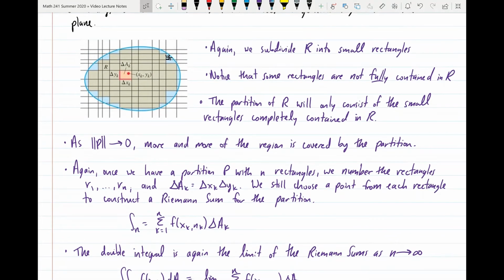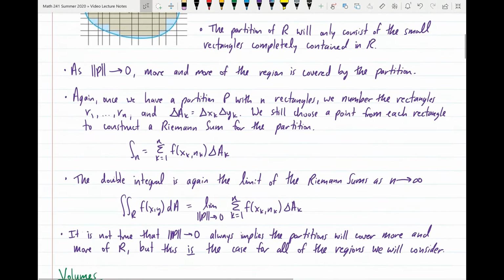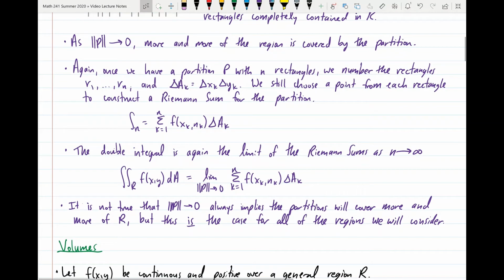If you look back up at the diagram, we've picked that point in red inside of that small rectangle, and we've called it x sub k, y sub k. Then the Riemann sum for our partition and the points that we've chosen is denoted S sub n, just like we did in section 15.1, and it's equal to the sum from k equals 1 to n of f of x sub k, y sub k, multiplied by the area of the kth rectangle.